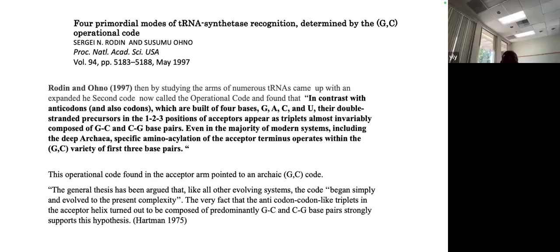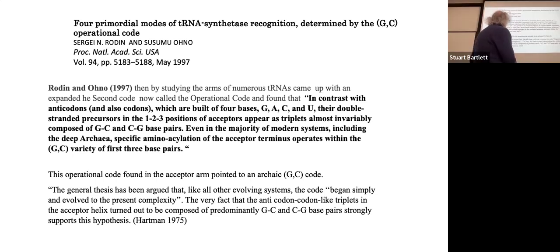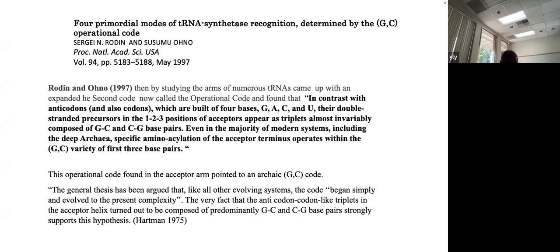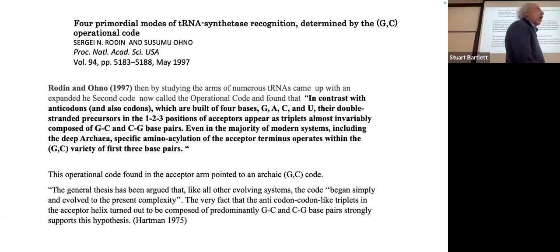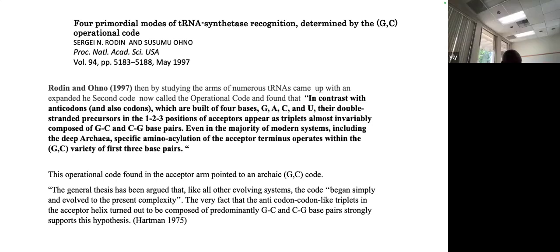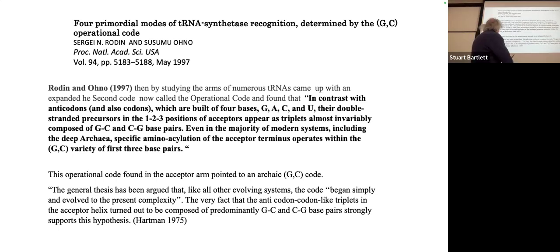Even in the majority of modern systems, including the deep archaea, specific aminoacylation of the acceptor terminus operates within the GC variety of the first three base pairs in the tRNA. The operational code found in the acceptor arm pointed to an archaic GC code.